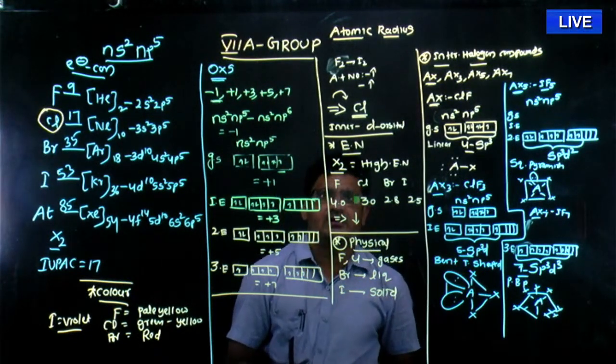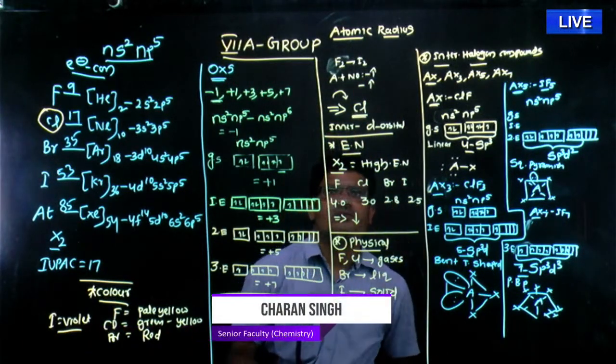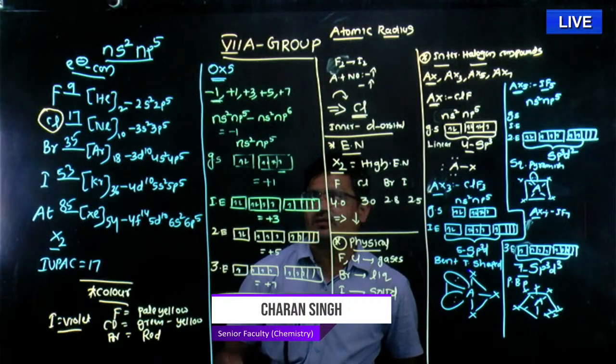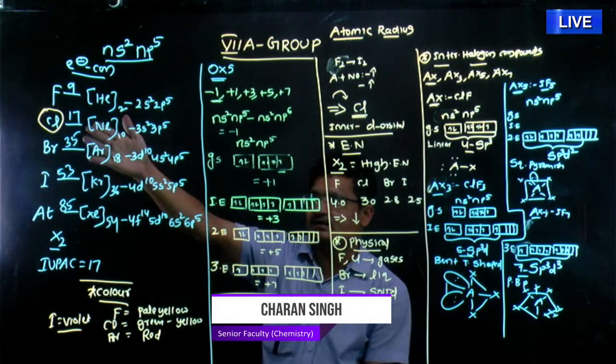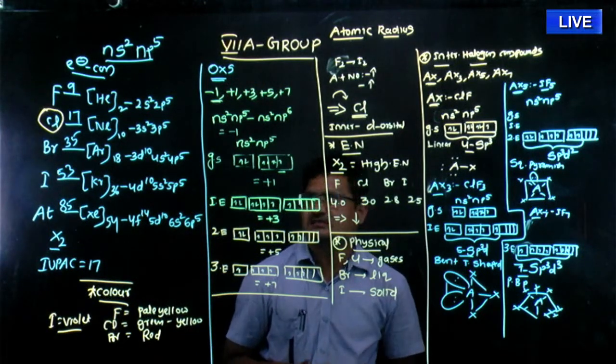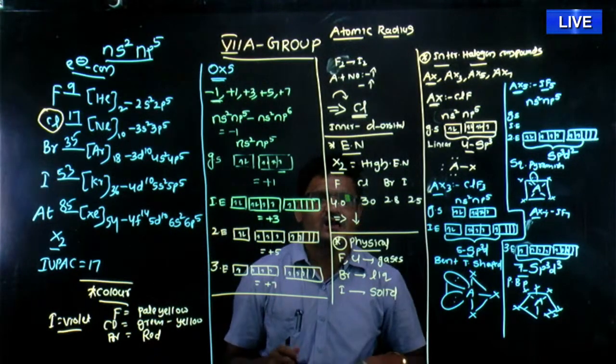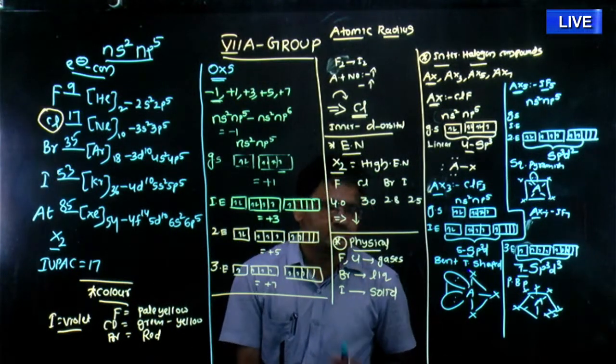The next one: atomic radius. From top to bottom, like fluorine, chlorine, bromine, iodine, atomic number increases. When atomic number increases, atomic weight also increases from top to bottom.